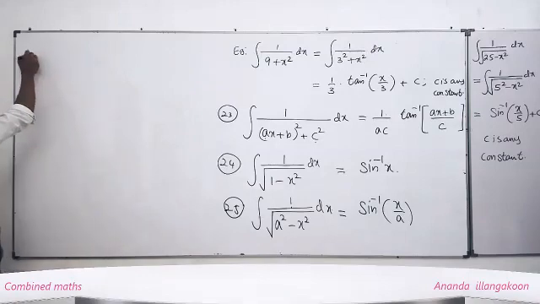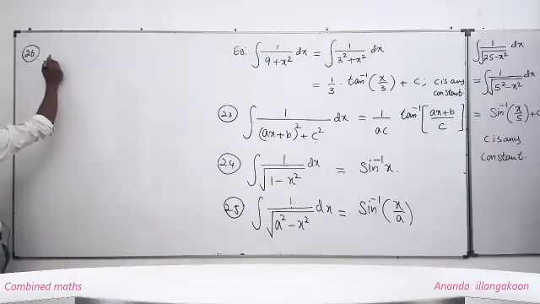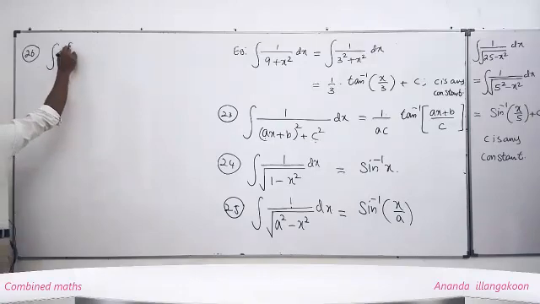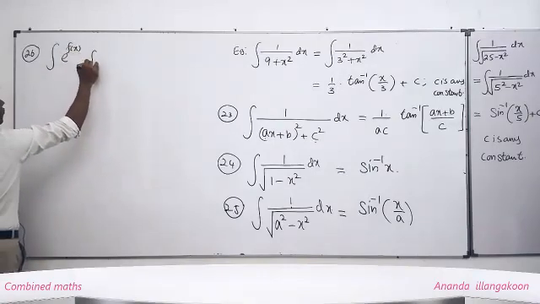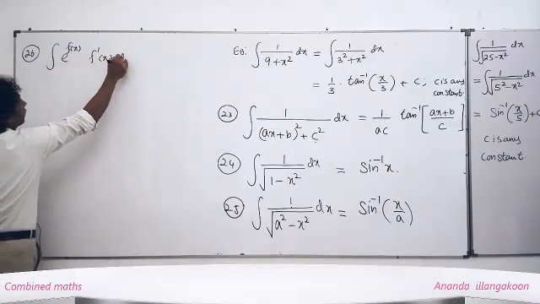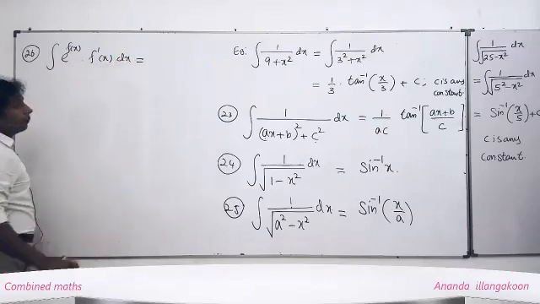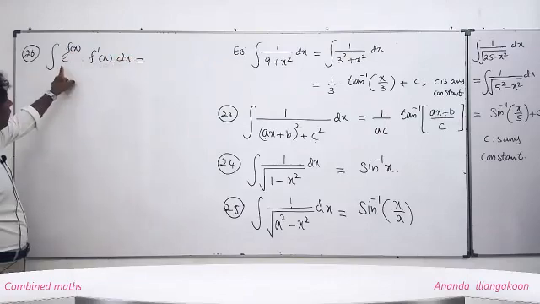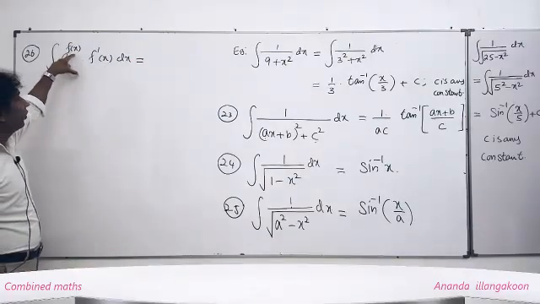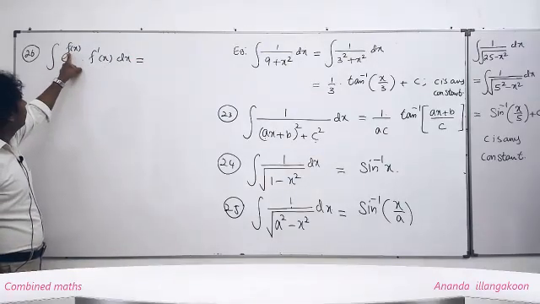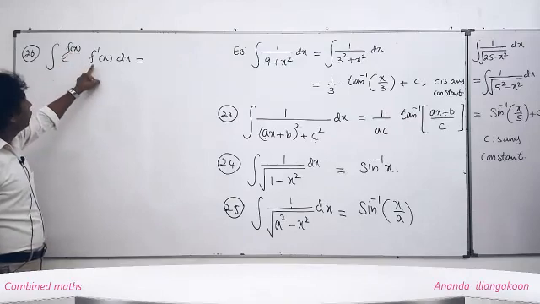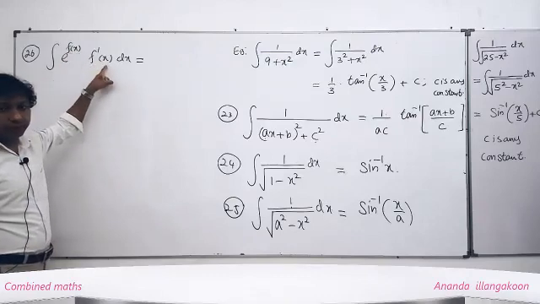Your number 26, the result. The integral of e to the power f(x) into f dash x, like this, dx. See the integrand here. We have e to the power f(x) and the derivative of this power available as a product.